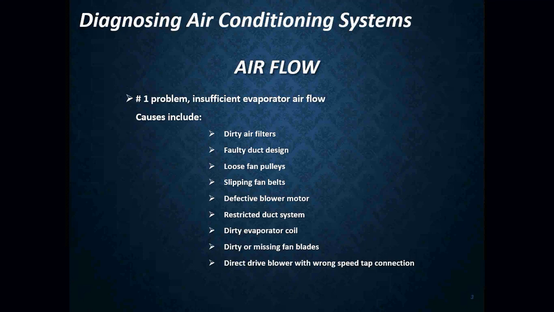Okay? So when there is an airflow problem in an air conditioning system, it is usually caused by either too much air or too little air going across that evaporator.